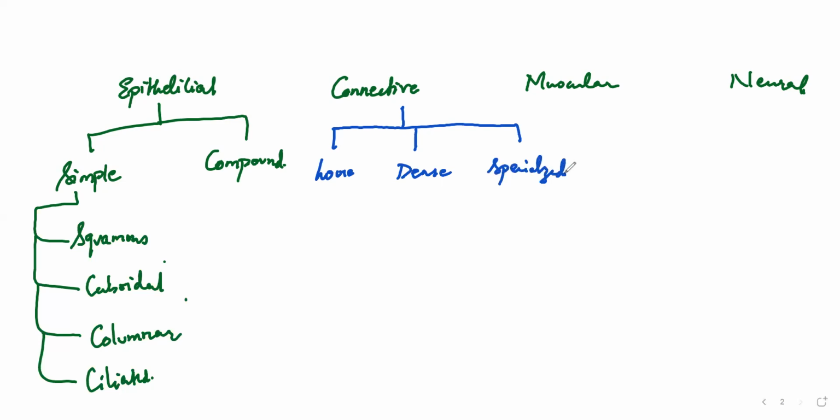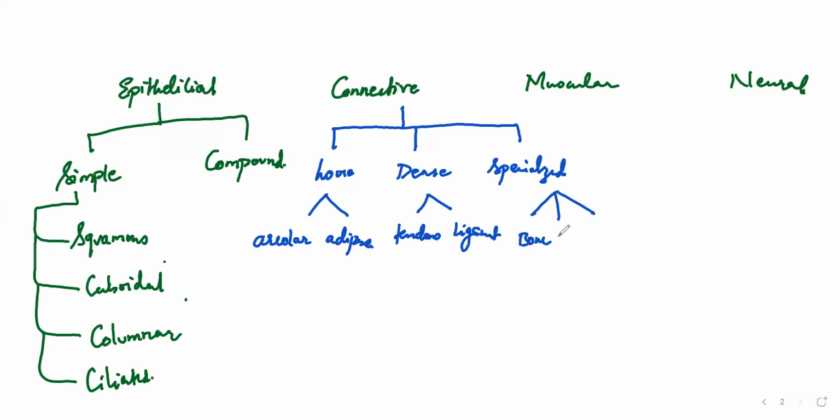Okay, so under the loose, you have two types, that is areolar and adipose. Then dense, in that you have tendons and ligament. Then in specialized, you have basically three, that is bone, then cartilage and blood.